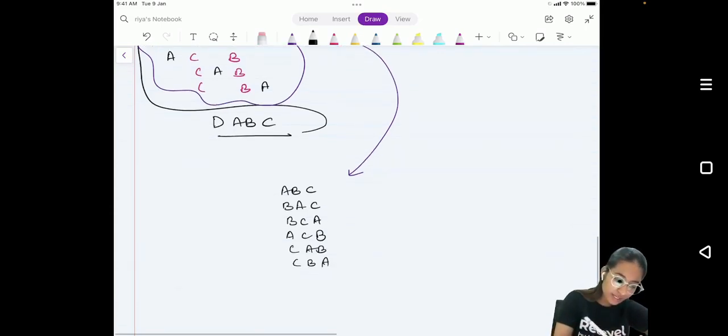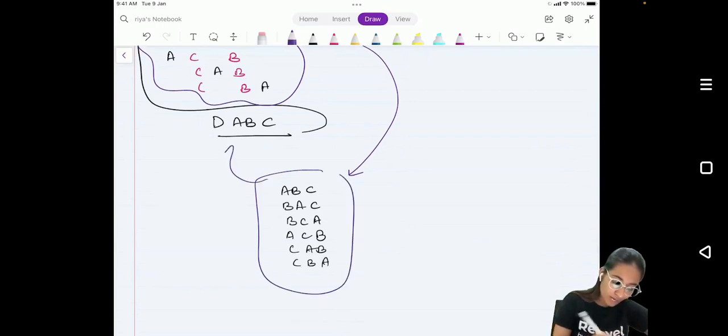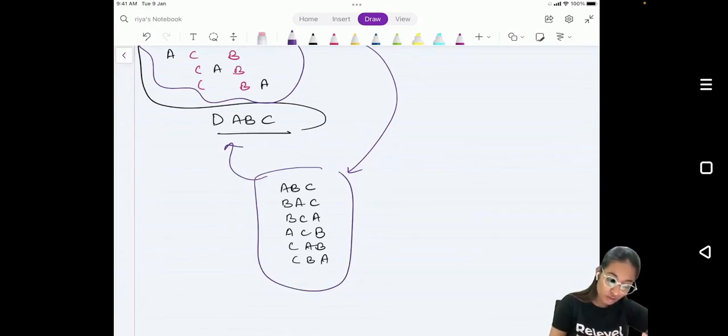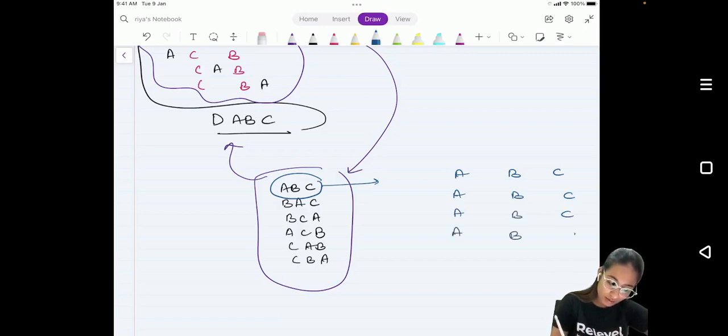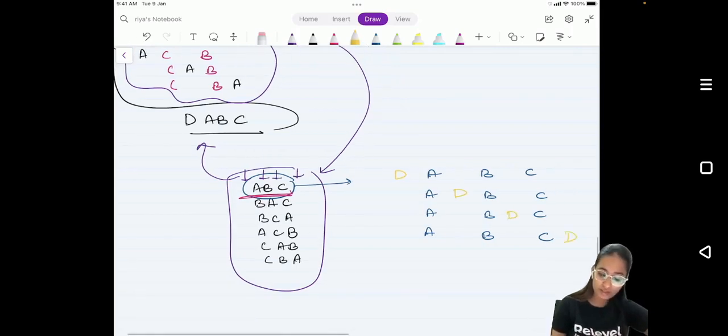Now using this, you have to form the answer for DABC. So again, the same thing. I will take the first output, which is ABC. Since here we have 3 characters, the total positions where another character can be added are 1, 2, 3, and 4. So I will add a D over here once, over here once, and over here once.